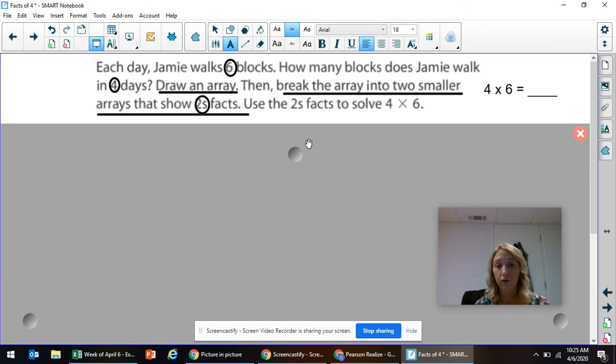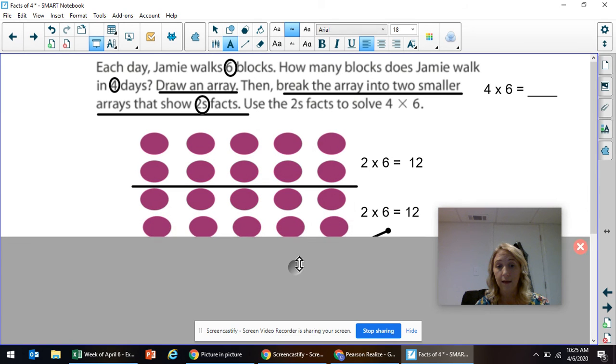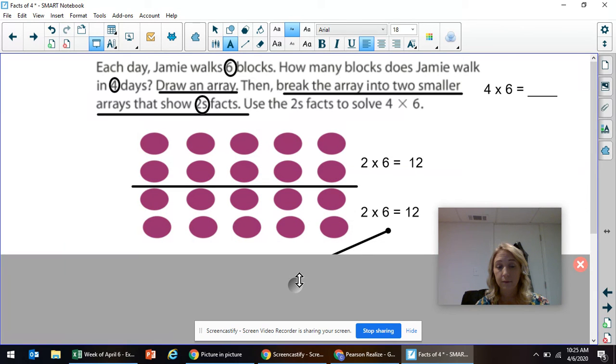You should have drawn your line like that. Now you have your 2's looking like this. 2 times 6, okay? Now looking at that, what is 2 times 6? Obviously, it's on the screen, it's 12.